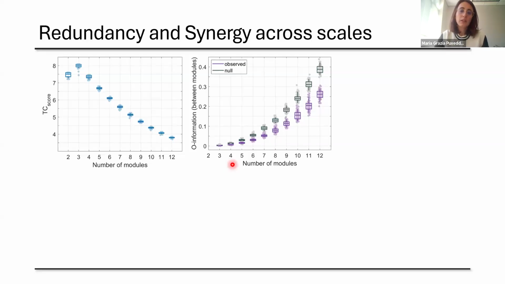Only when we took three time series did we obtain negative values. So we cannot say that we have synergistic information across modules.